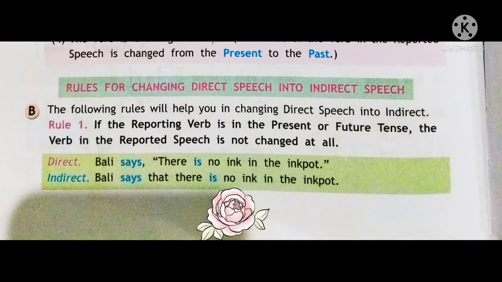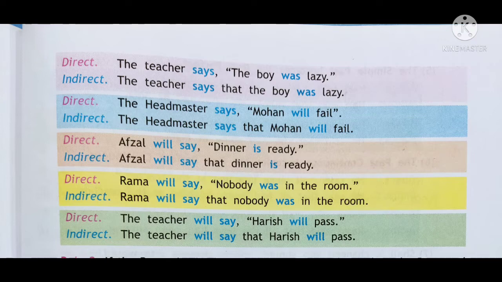Another example in the future tense, please notice the third example: Afzal will say dinner is ready. It is in direct speech. When you change it into indirect speech, it will become: Afzal will say that dinner is ready. You have to notice that if the reporting verb is in the present or the future tense, then the verb in the reported speech is not going to change at all.